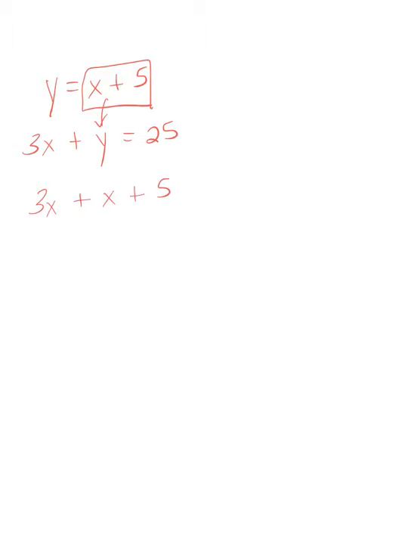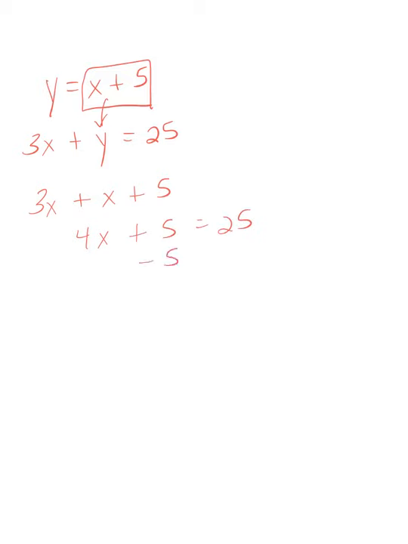Another example, I have y equals x plus 5 and 3x plus y equals 25. Now the y is already by itself, so I can take this information, x plus 5, and substitute it in for the y. And I will have one equation to solve for. I have 4x plus 5 equals 25.